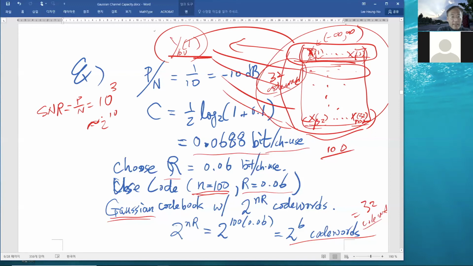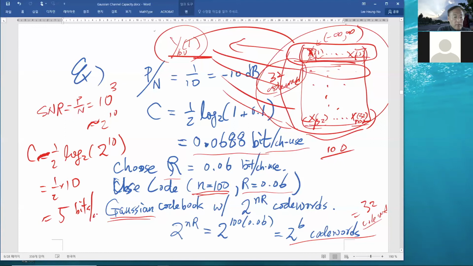Then the capacity here is, in a ballpark, approximately half times log 2 of 2 to the 10. So that's 10 over 2, close to 5, so 5 bits per channel use.